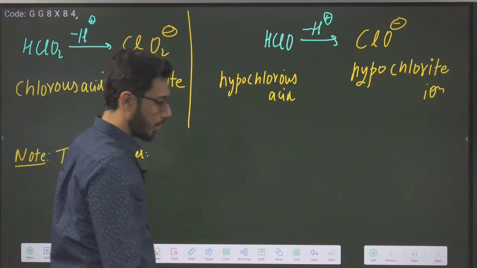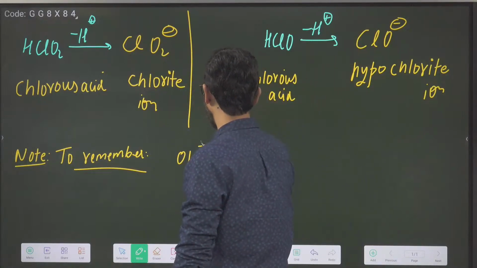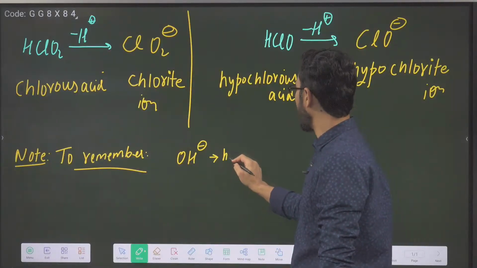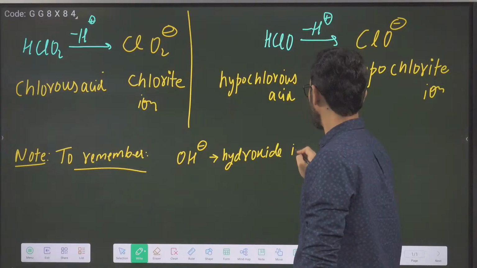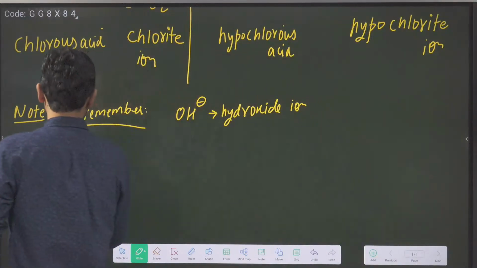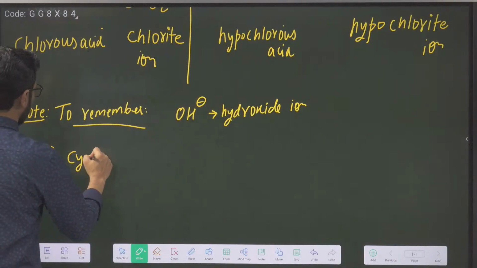Like which anions we can also learn, for example OH minus. It is hydroxide ion. Then which are generally used, that I am writing, cyanide ion.